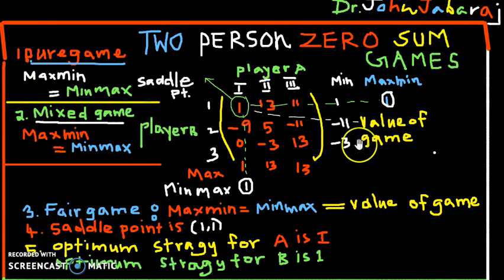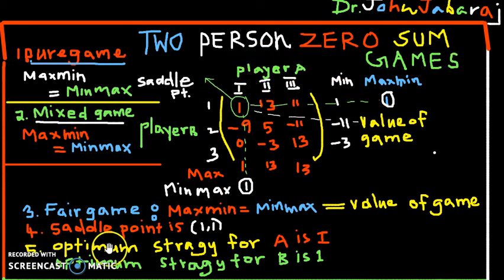Now if this is a pure game, that implies the first player takes only one strategy and the second player takes only one strategy. That is, both players are taking single strategies in the pure game type. Since player A takes only one strategy and player B takes another strategy, that is nothing but the intersection of the maximin and the minimax. In this situation, player B has to take the first strategy and player A also the first strategy.